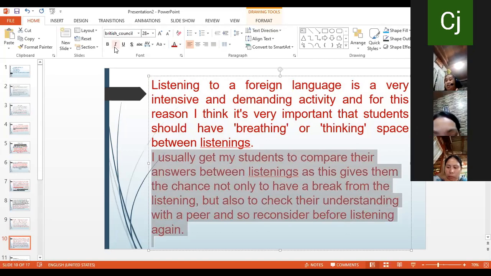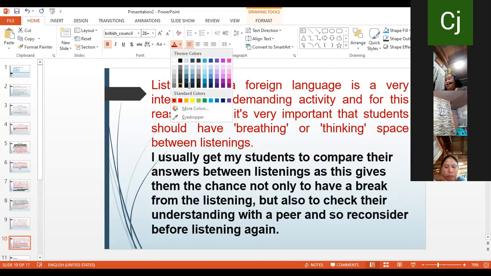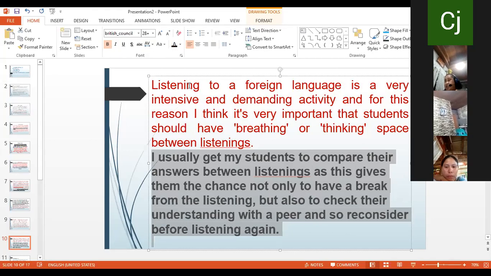Make sure that you encourage cooperation among your students. For example, we listened to a speech by a Russian speaker who speaks English. For the first 5 minutes, you listen.